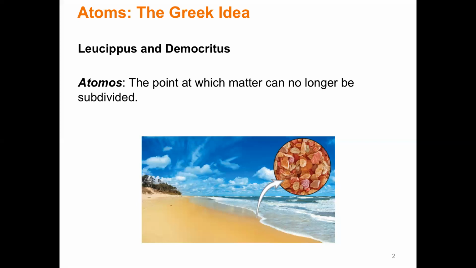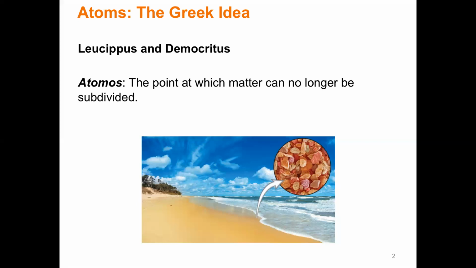Basically, Democritus was the first, and then Leucippus continued his thoughts. Their thought was that matter is made up of very small individual particles. So they were really the first ones to come up with this idea of what we now call the atomic theory. And they had this word called atomos, and that is the point at which matter can no longer be divided.